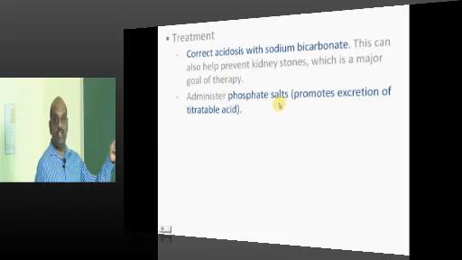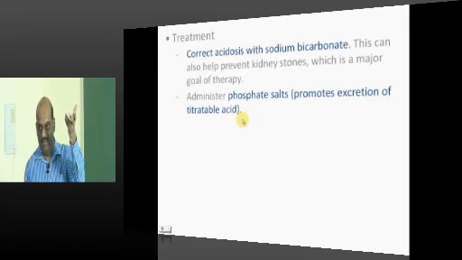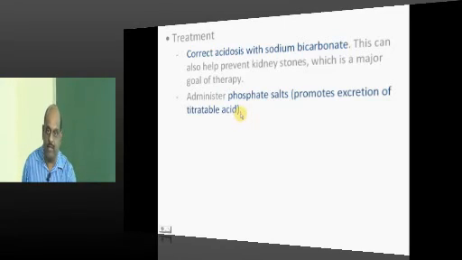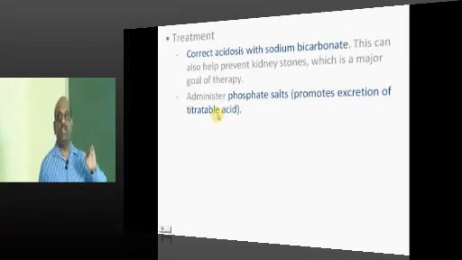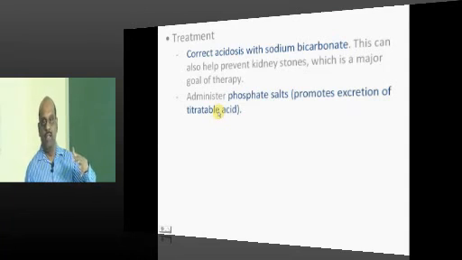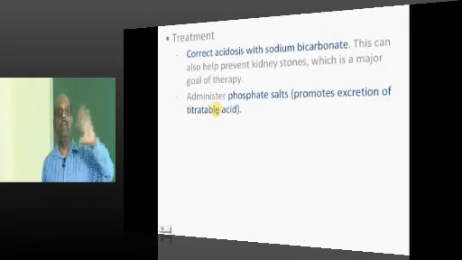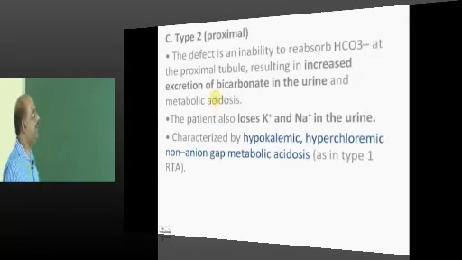If you give phosphate salt, that phosphate will enter the tubular fluid and lead to an acidic pH in the distal convoluted tubule. If the distal tubular pH is acidic, stones won't form. Hence we give phosphate salts to prevent alkalinization of the distal tubular fluid, and we prevent nephrocalcinosis from developing. That is what you have to ultimately remember.